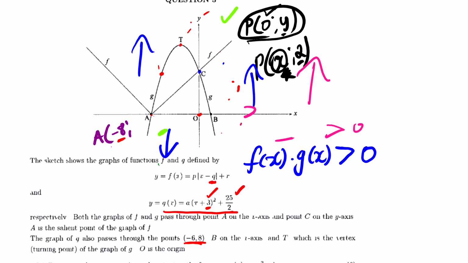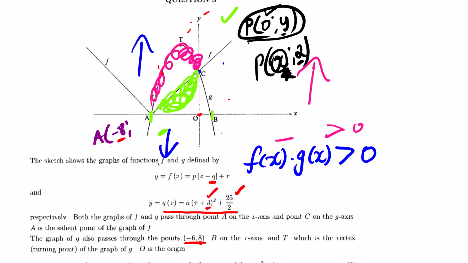So the actual region that we are looking for in this case, look at this. Now from A to B, our f is on the positive side of the y-axis. Our g is on the positive side of the y-axis.